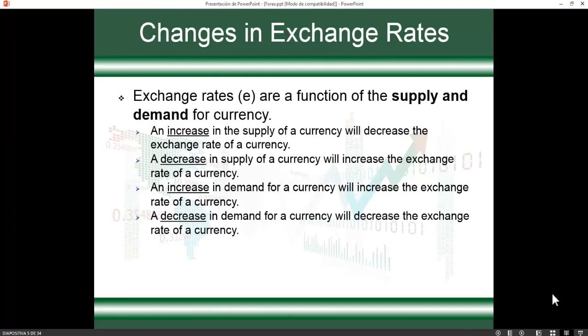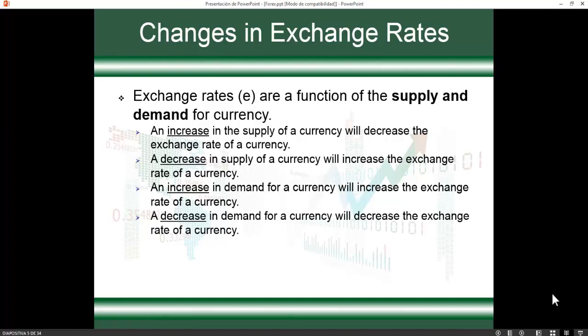Changes in exchange rates. Realistically, the exchange rate really shows the supply and demand of a certain currency. Even though nowadays there are a lot of other indicators, because speculators are getting bigger and bigger in the market, which takes away that sense of supply and demand.